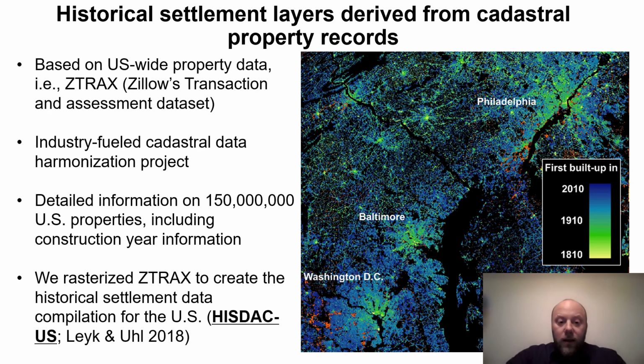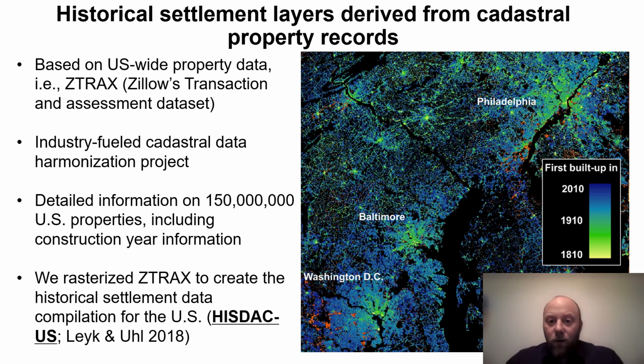And one of the spatial layers from this HISDAC US data set is this first build up layer. So it's a gridded data set, so a raster data set that visualizes the settlement age at each grid cell, basically by mapping the earliest construction date of the buildings within each grid cell.